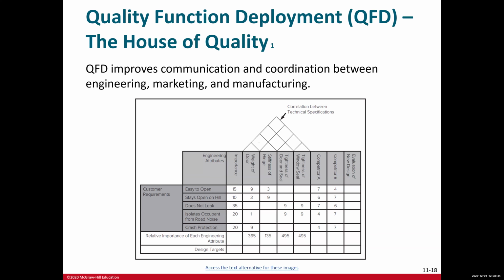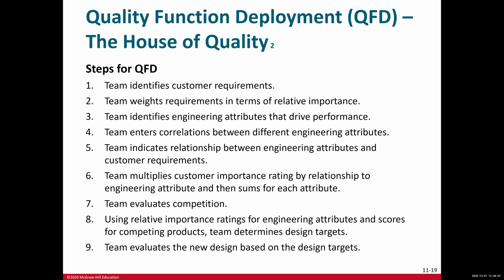You can see 365, 135, 495, the summation of each one of them multiplied by the weight, and then we can evaluate competition. So we use the relative importance rating for these attributes and the scores for competing products, as we can see for A and B, and we determine the best design target. So this is how we find the best quality, and this is how it works. And these are the steps.